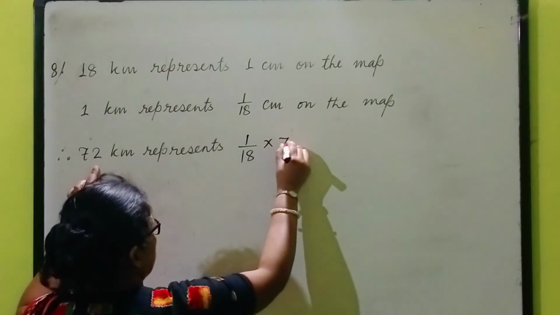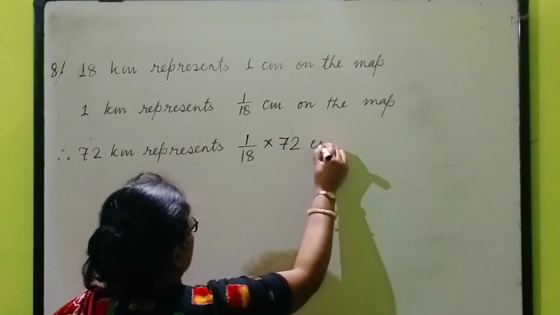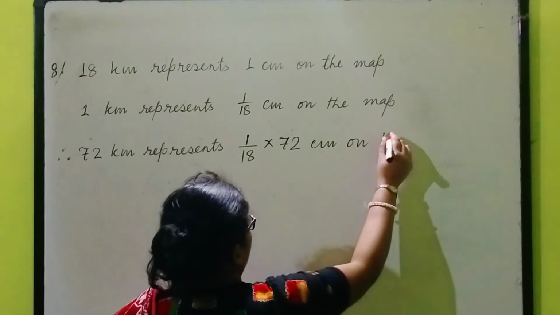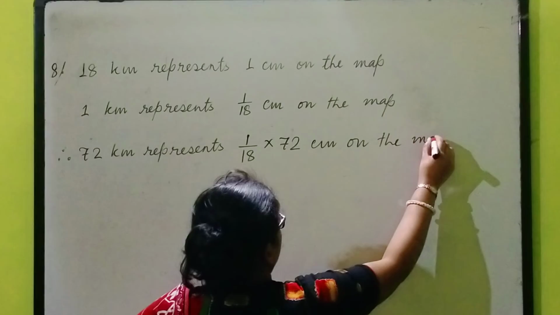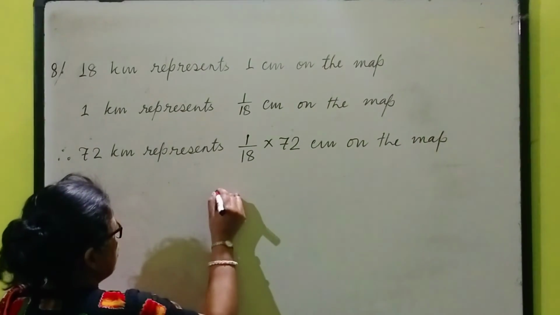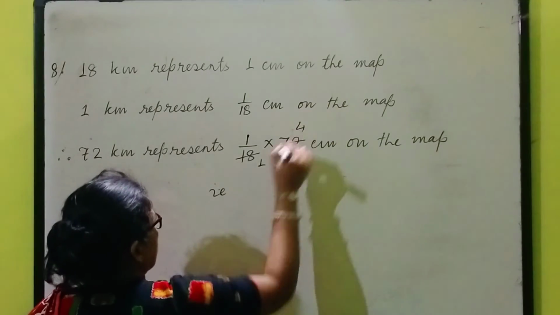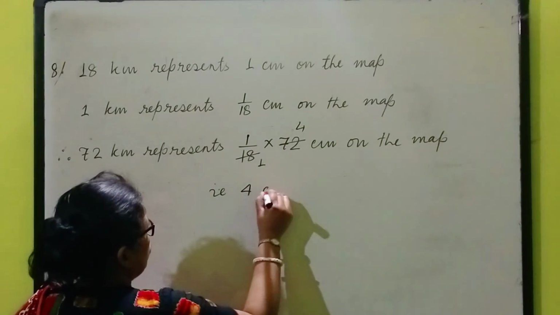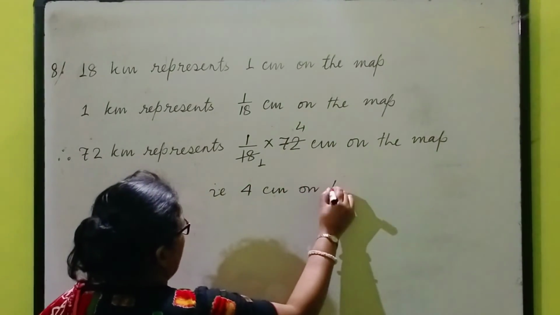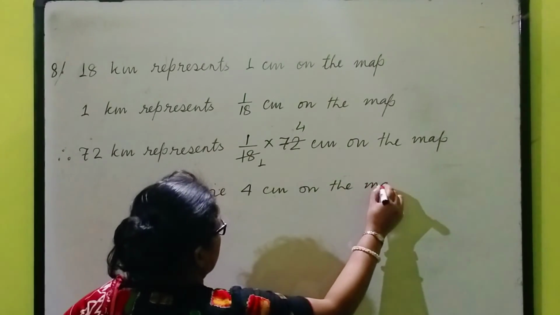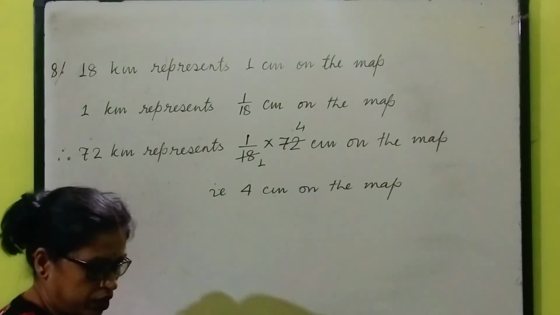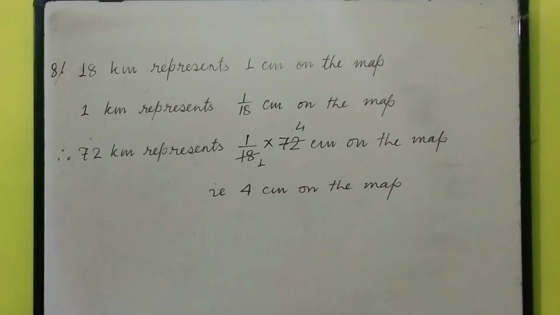Increases means multiply by 72 centimeter on the map. Have you got it, my dear students? That is 18 1s are 18, 18 4s are 72. That is 4 centimeter on the map. Clear? That means 72 kilometer represents 4 centimeter on the map.